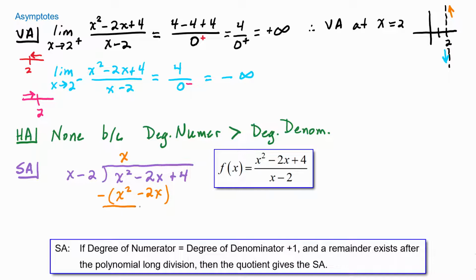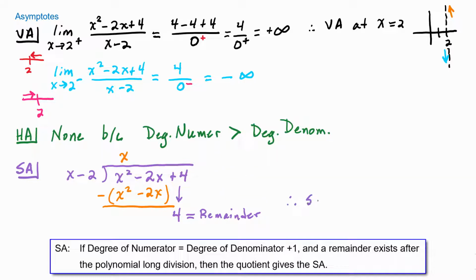We subtract, and now the x squared minus x squared cancels out. The negative 2x plus 2x cancels out. So we bring down this 4, and that is our remainder. So then that tells us we will have a slant asymptote at y equals the quotient, which is x.